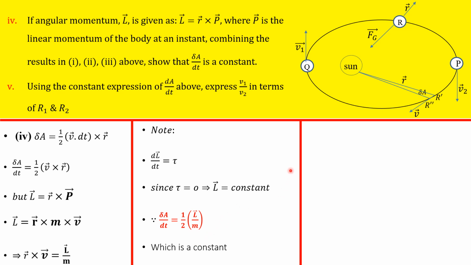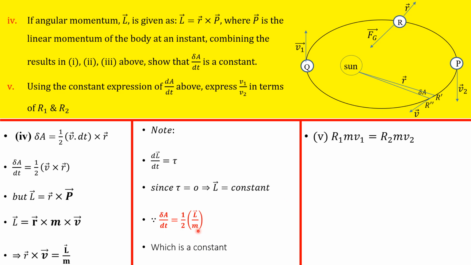Our angular momentum, r cross p, we can write as r1 m v1 at perihelion, which is when you're closest to the sun, and that's simply going to be r2 m v2 at the aphelion, which is when you're farthest away from the sun. At every other point this relationship would always hold true because the angular momentum is constant.